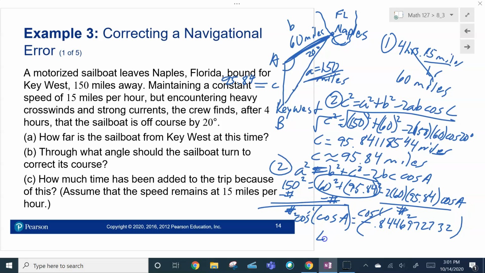Angle A then ends up being, make sure you work this out on your own scientific calculator, 147.64 degrees. Now how much time has been added to the trip because of this?